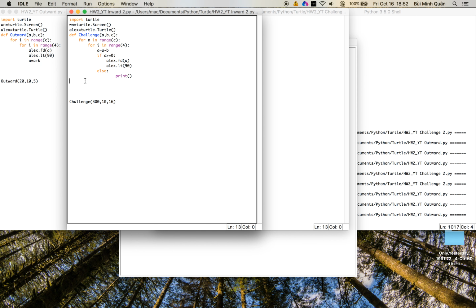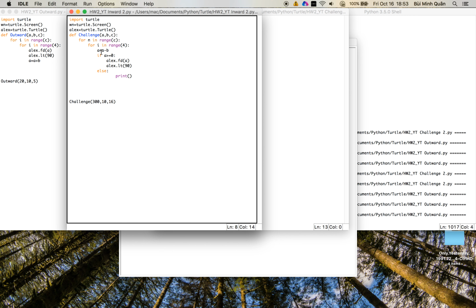But I cannot get the right answer, because I realized that if I just do the same as the outward, just changing the positive to the negative, it cannot work, because when A is less than 0, it will become the outward.